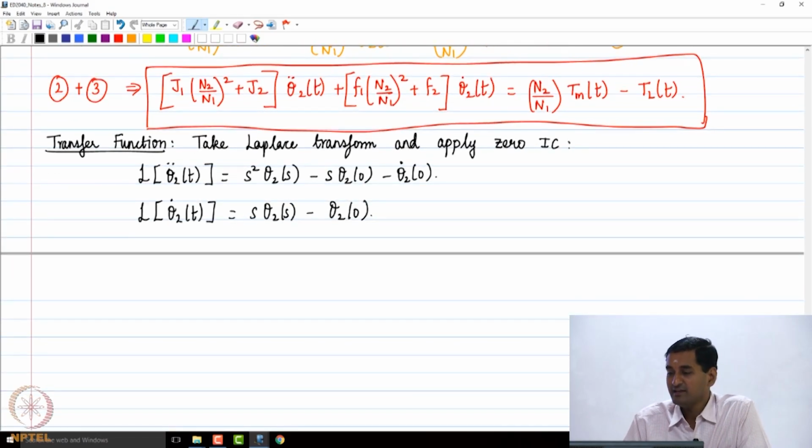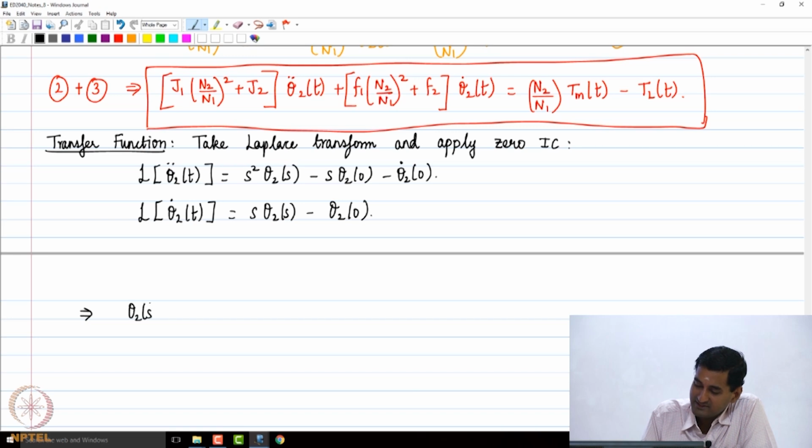Once we apply the Laplace transform, substitute initial conditions to be 0 and collect the terms, what are we going to get? We are going to get the following.